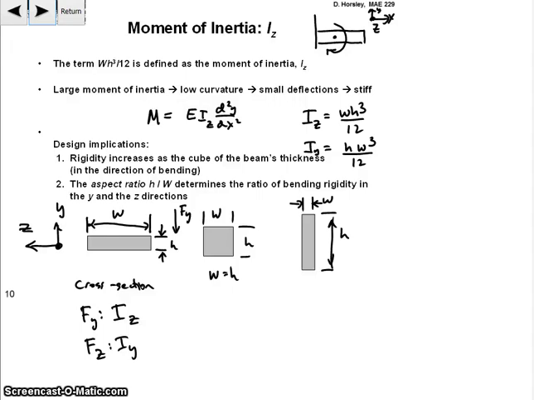Okay, and so if we want to find it, it turns out later on, I'm sort of jumping ahead a little bit, but the ratio of the stiffnesses in the y and the z axes is going to be the ratio of those moments of inertia.